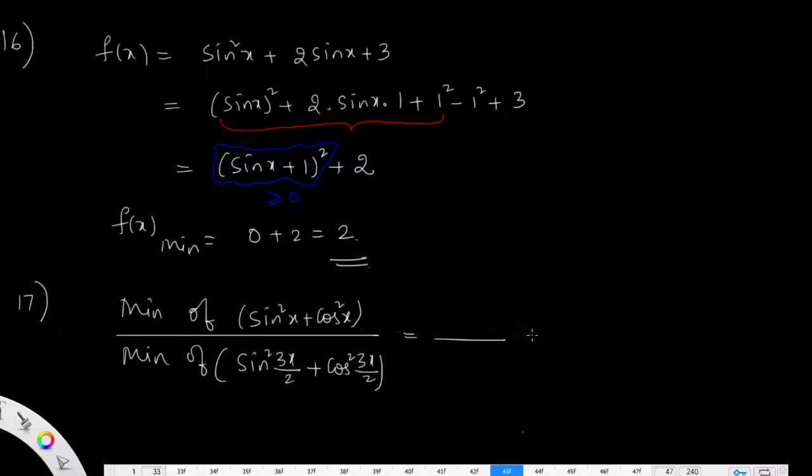It is obviously in the form of the sin square theta identity formula. Therefore the minimum of 1 divided by the minimum of 1, which is also the basic identity formula sin square theta plus cos square theta, is 1. That is equal to 1 only. Basic question that is.